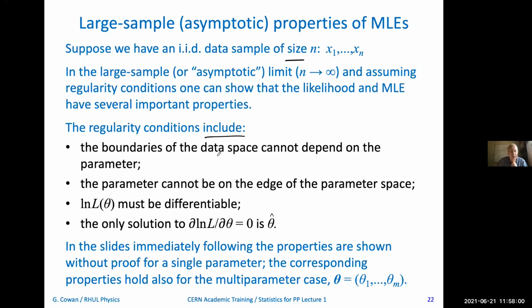The boundaries of the data space cannot depend on the parameter. The parameter cannot be on the edge of the parameter space. The log likelihood function has to be differentiable. And the only solution to this likelihood equation is the theta hat. Now, we could spend a long time on those properties, but let me just state those as the important ones.